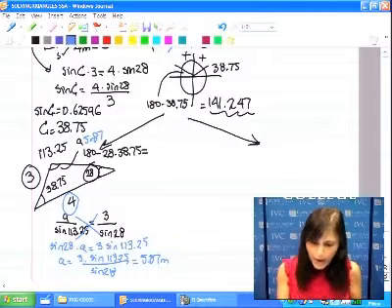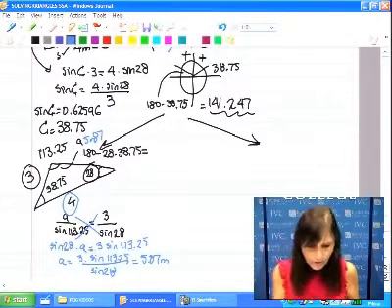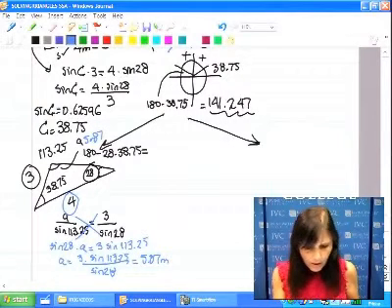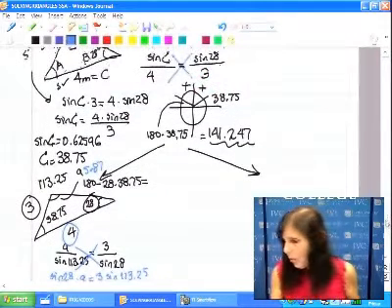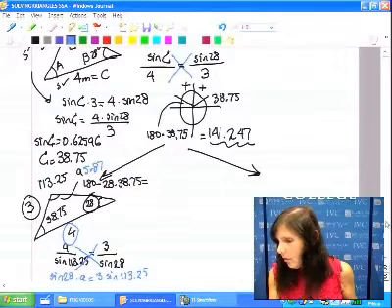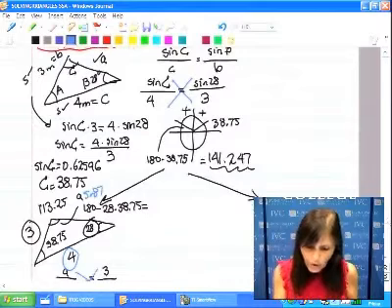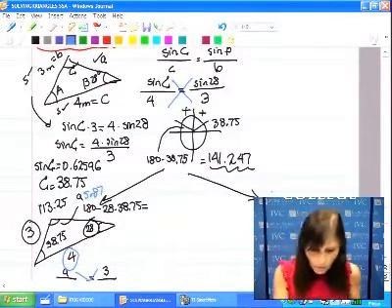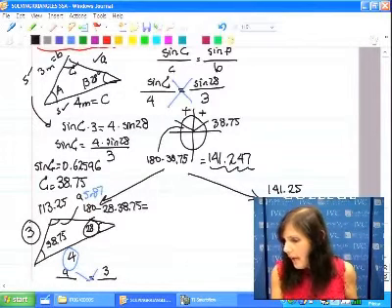All right, but how about the other one? The other one is, what did we get? That one was, let me look. I have to go and get that. 141.2. Okay, that one was 141.2. So if my angle is 141.2, what will be the other angle?